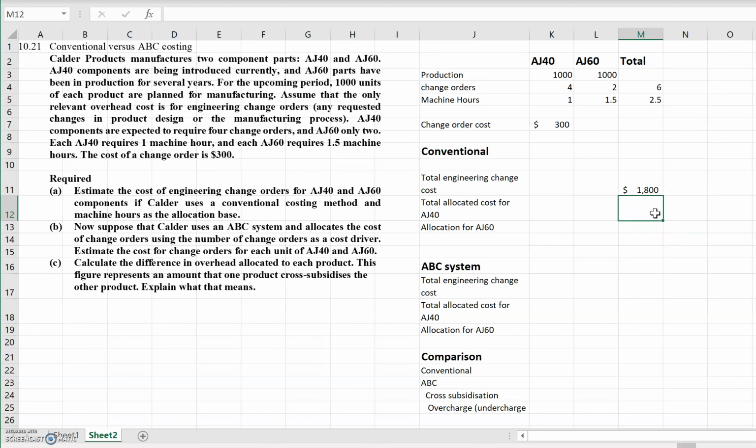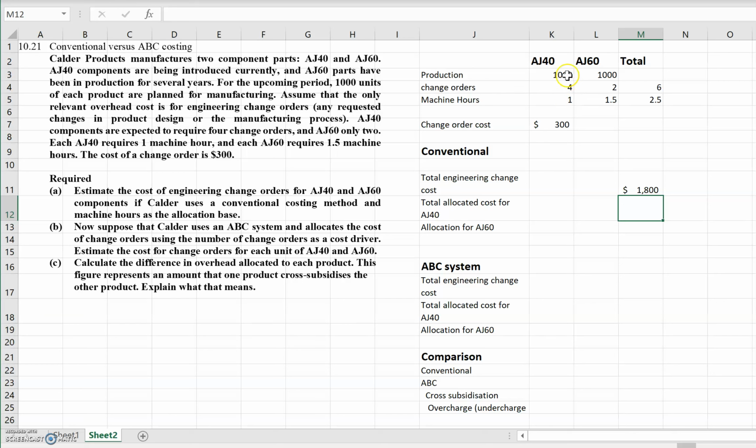The total allocated cost for AJ40. Okay. So the cost is going to be allocated on the basis of machine hours. So we've got a total of 2,500 machine hours. And we're just looking at AJ40.